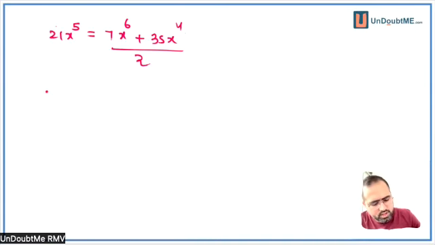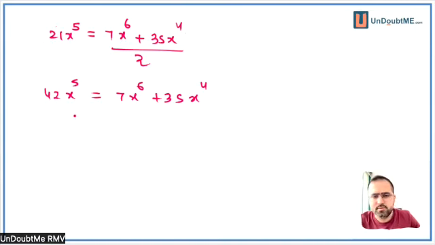So 2 will go on the other side. It will be 42x to the power 5 is equal to 7x to the power 6 plus 35x to the power 4.